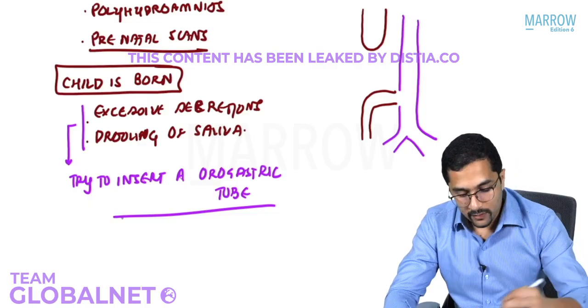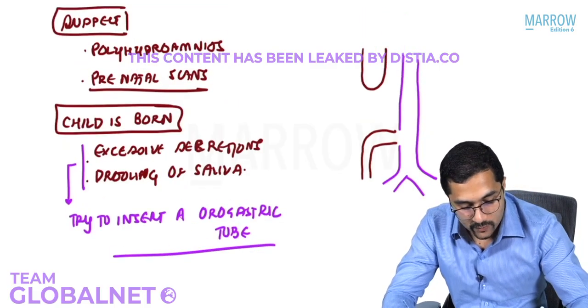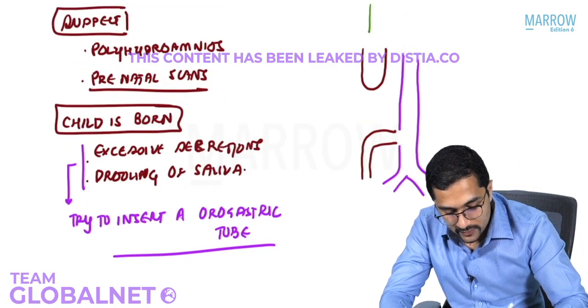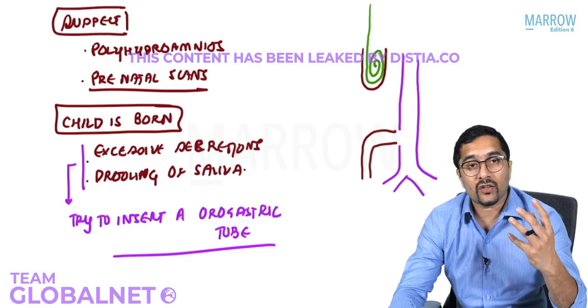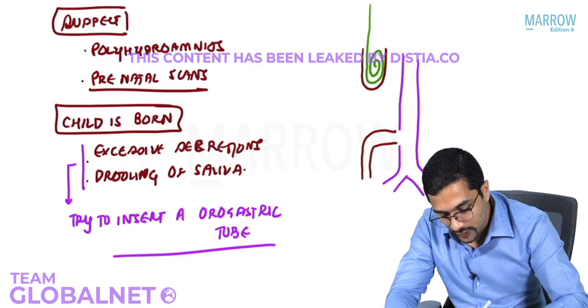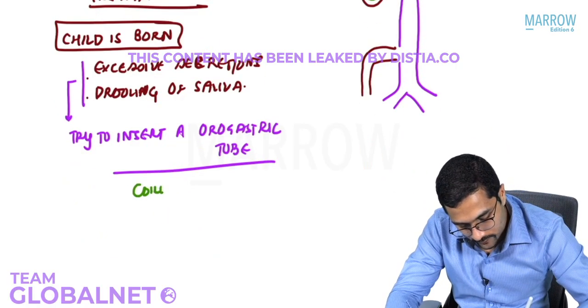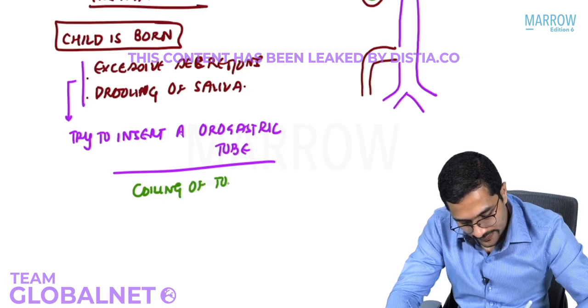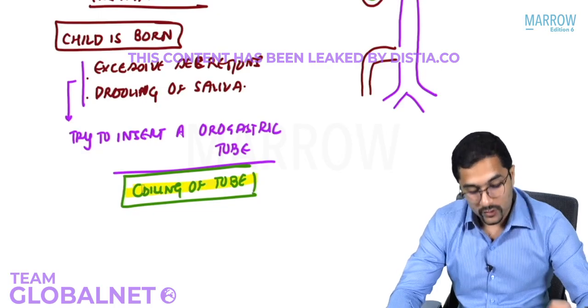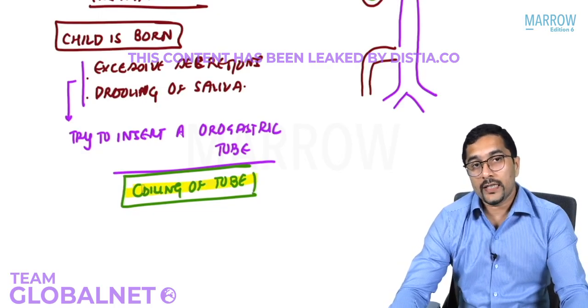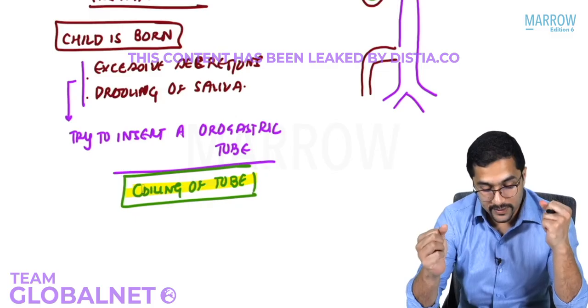But what is going to happen when you insert this orogastric tube in this child? It will not go down. It will coil up inside the esophagus, right? Coiling of the tube is another indicator that the child might be having a tracheoesophageal fistula, or esophageal atresia might be there.